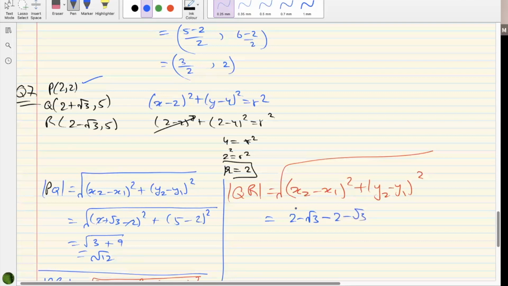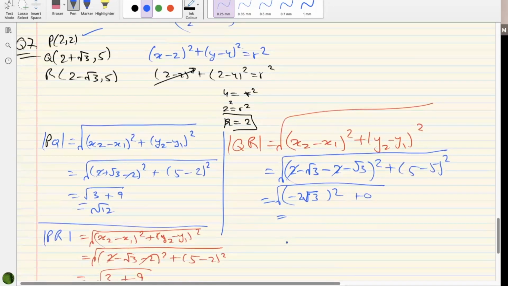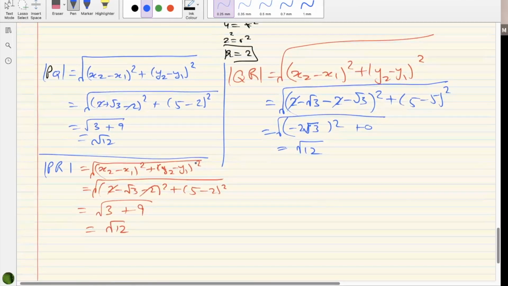Minus 2 minus square root 3 whole square plus 5 minus 5 whole square, all under the root. So we have negative 2 square root 3 whole square plus 0. 2 squared is 4 and square root 3 squared is 3. 4 times 3 is 12. So all three are 12. So shown PQ is equal to PR is equal to QR.